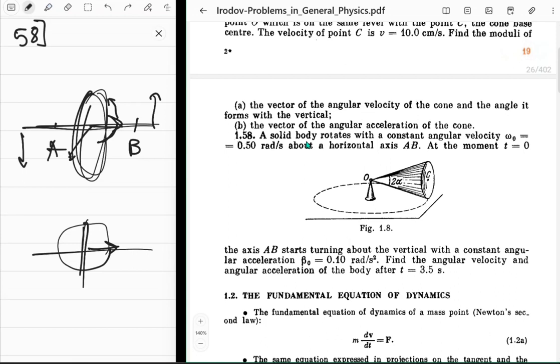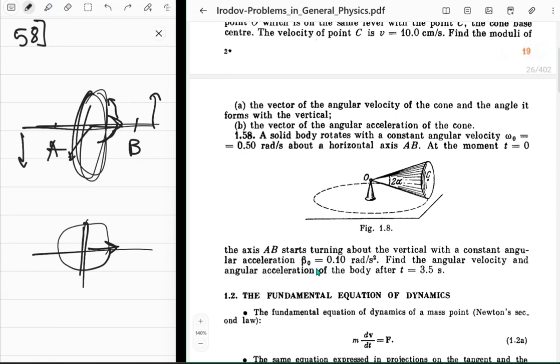Vertical with a constant angular acceleration b naught equal to 0.1 radians per second squared. Oh, so it's not. Oh wow, this is really complicated because now it's not a constant angular velocity of the rotation of this rod.